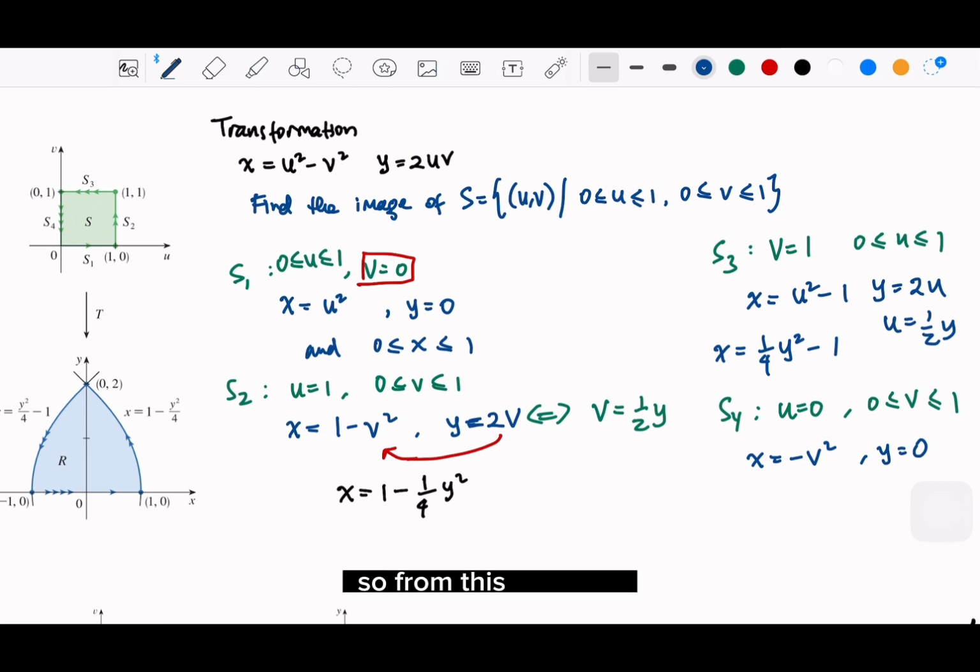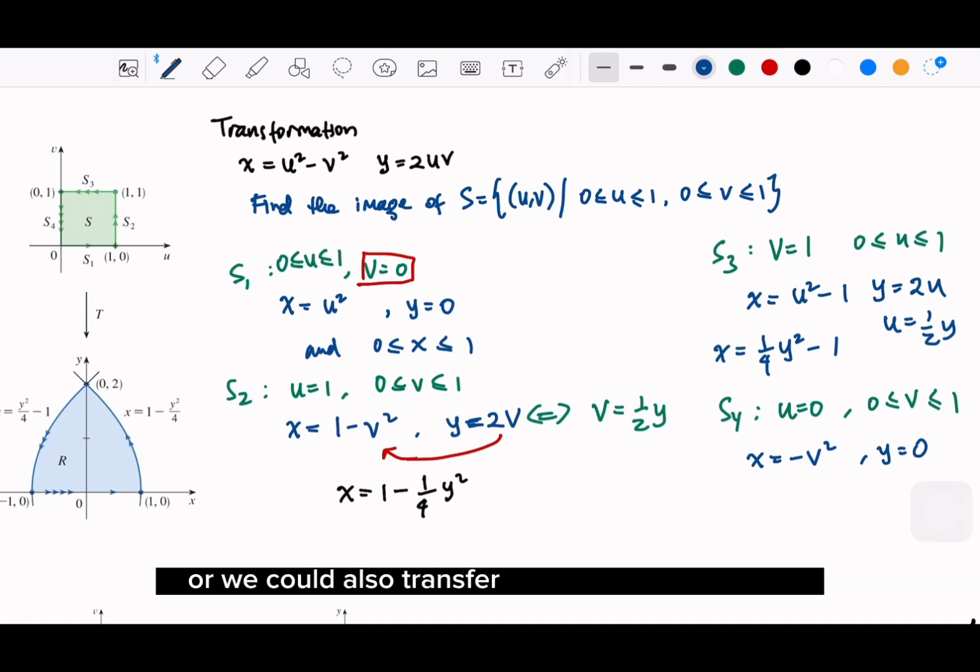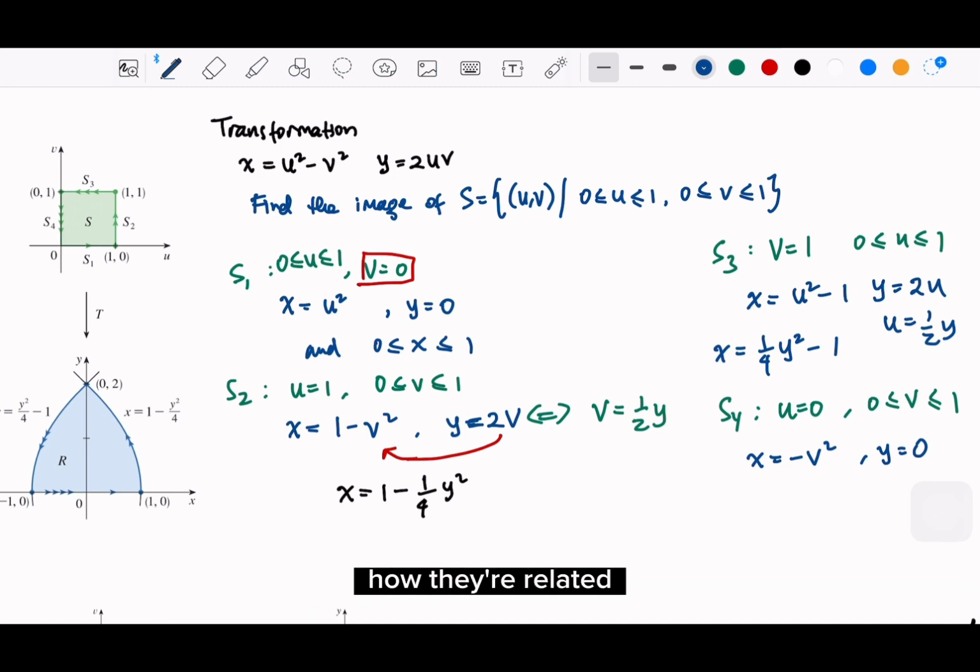So from these relations, we could transform the UV plane to this XY plane, or we could also transform from XY to the UV plane, as long as we know how they relate.